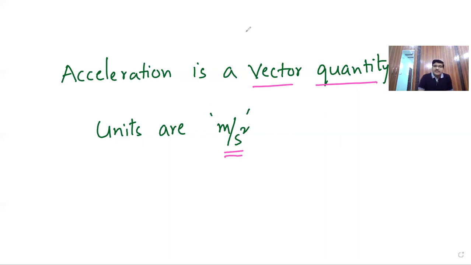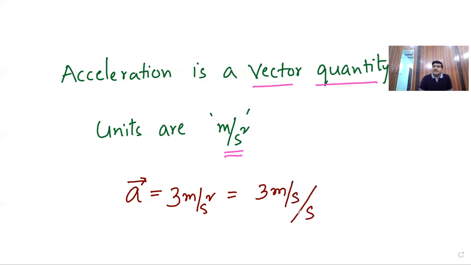Example: suppose acceleration, a bar, vector quantity, is, let us say, 3 meter per second square. If it is 3 meters per second square, the meaning is that it can be written as 3 meter per second per second.